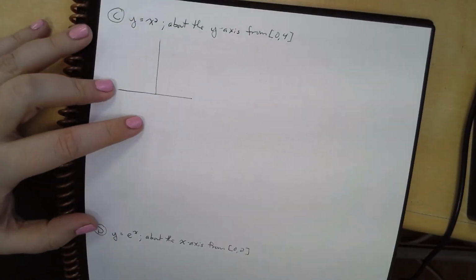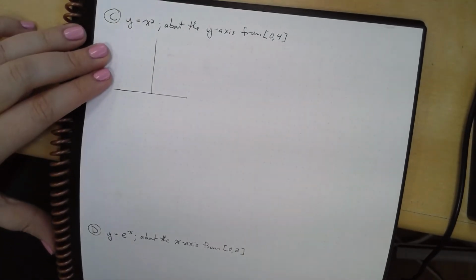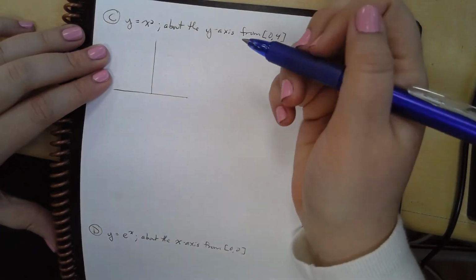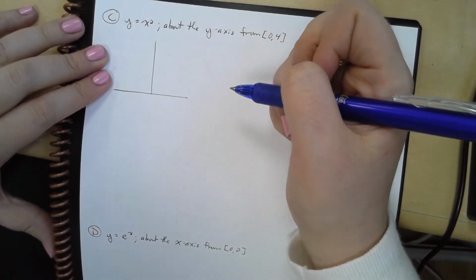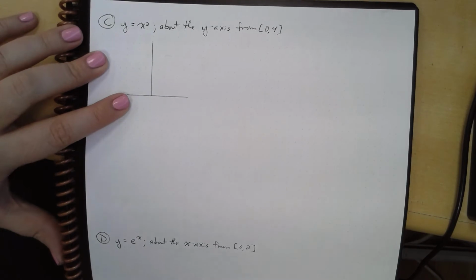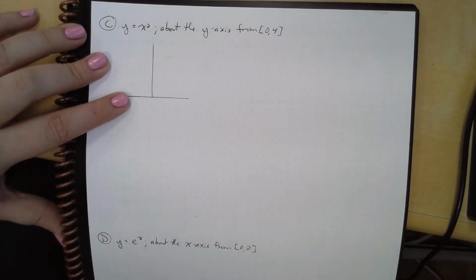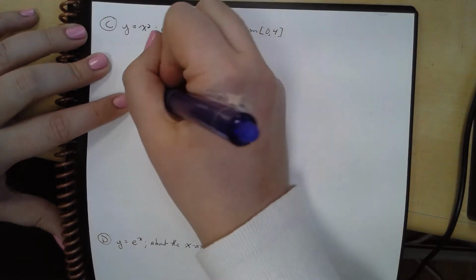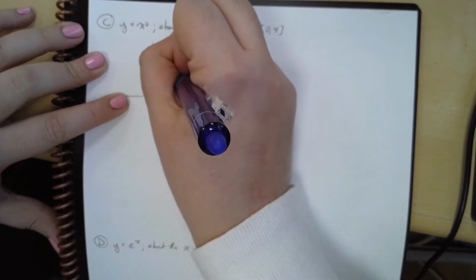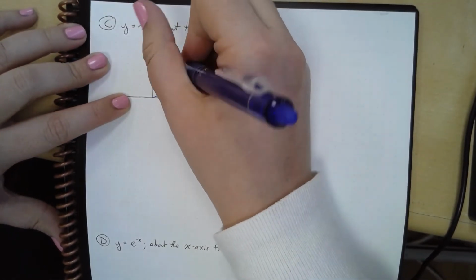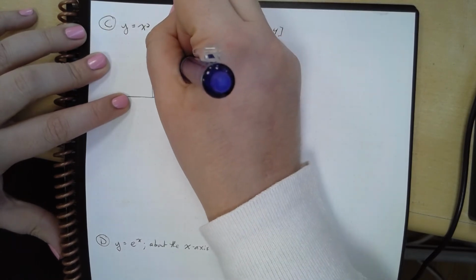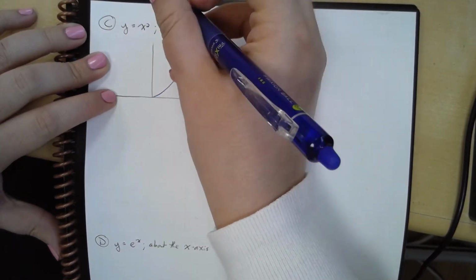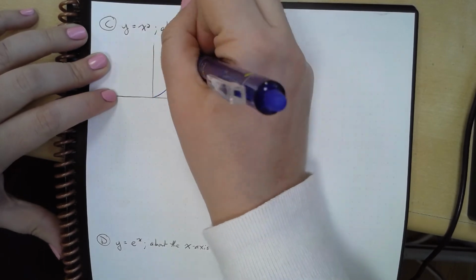Here we are asked to evaluate y equals x squared rotated about the y-axis from 0 to 4. This one's really interesting because now we're going about the y-axis. So from 0 to 4, I'm going to draw this up here. At 4, we're going to have the point 2, 4.